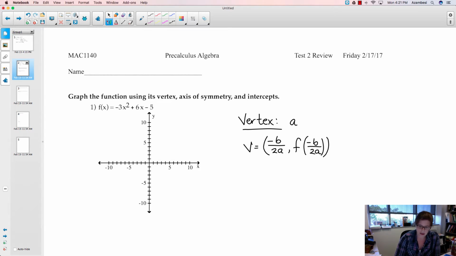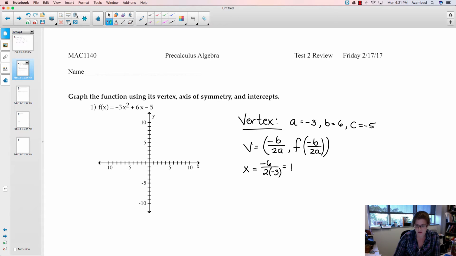In this case, a is equal to negative 3, b is equal to 6, c is equal to negative 5. That'll help us later with intercepts. And so the x-coordinate of our vertex would be negative 6 over 2 times negative 3. Negative 6 over negative 6 gives us positive 1.